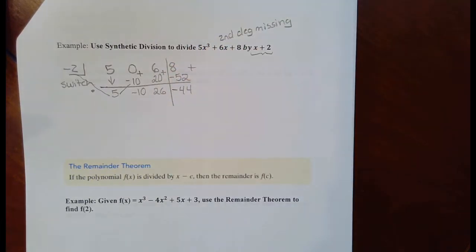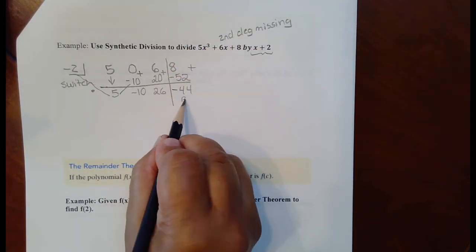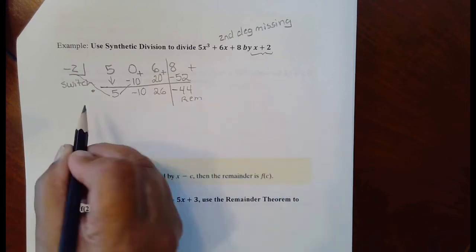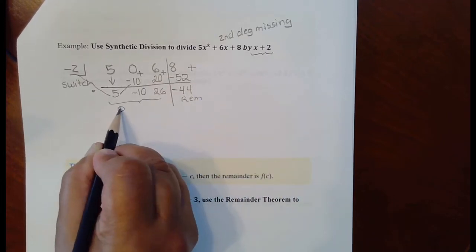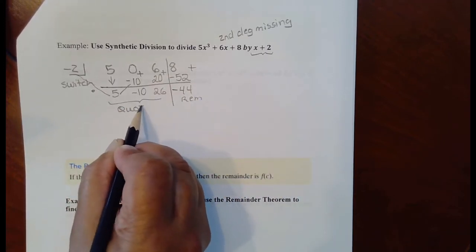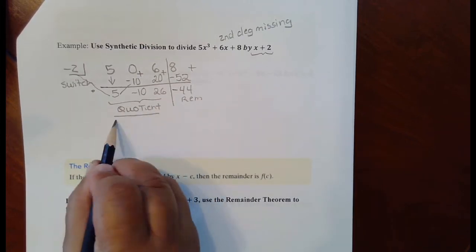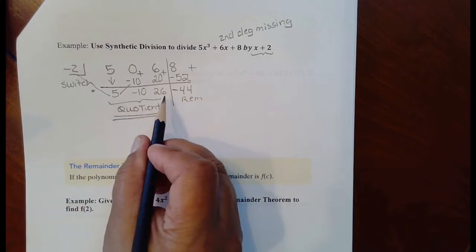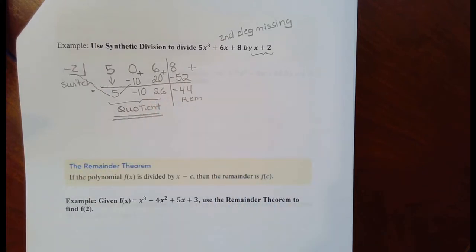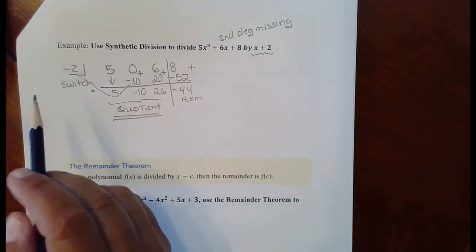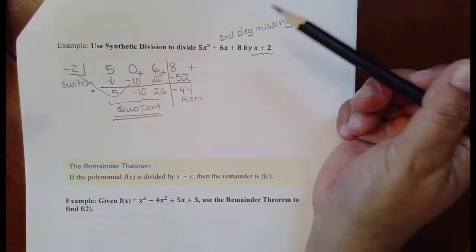Then this will be the coefficient of the next highest degree. And then this will be the constant, each term being 1 degree less than the term in front of it. And then the remainder is -44 over that divisor, which was x plus 2, right up there in the instructions.